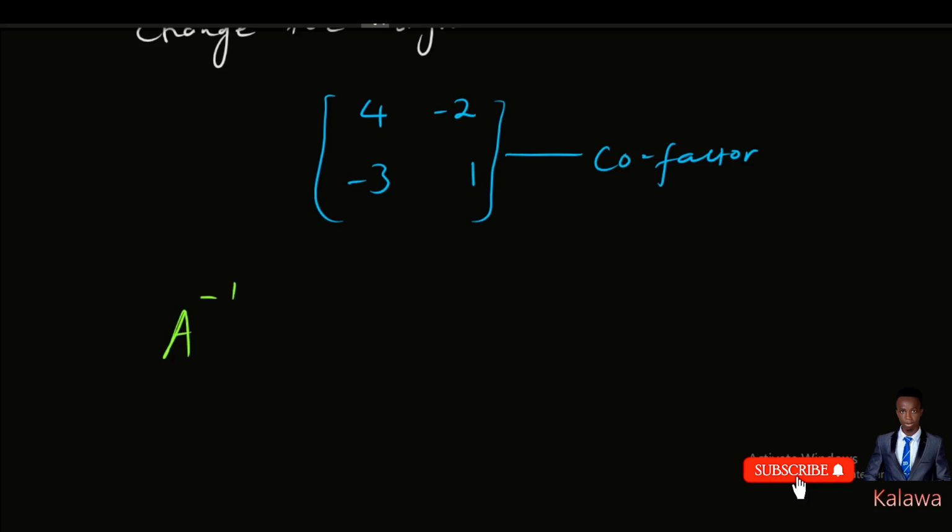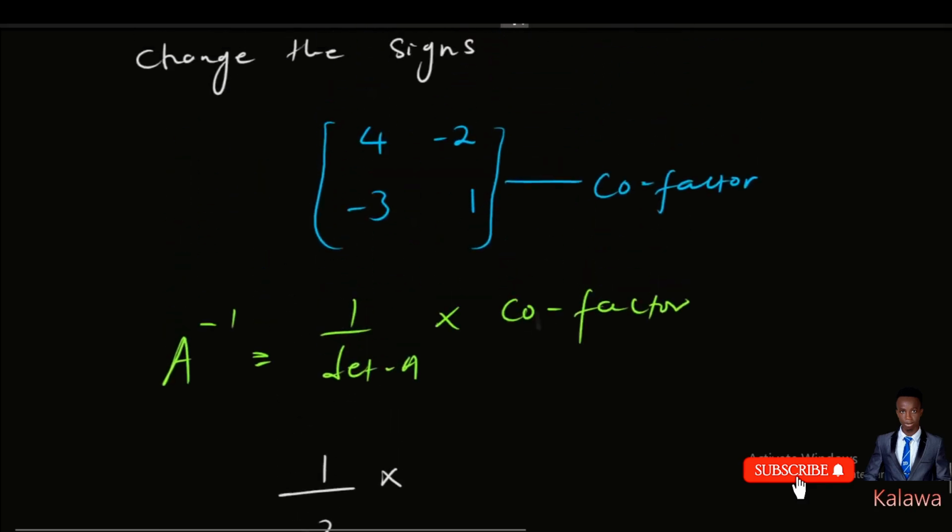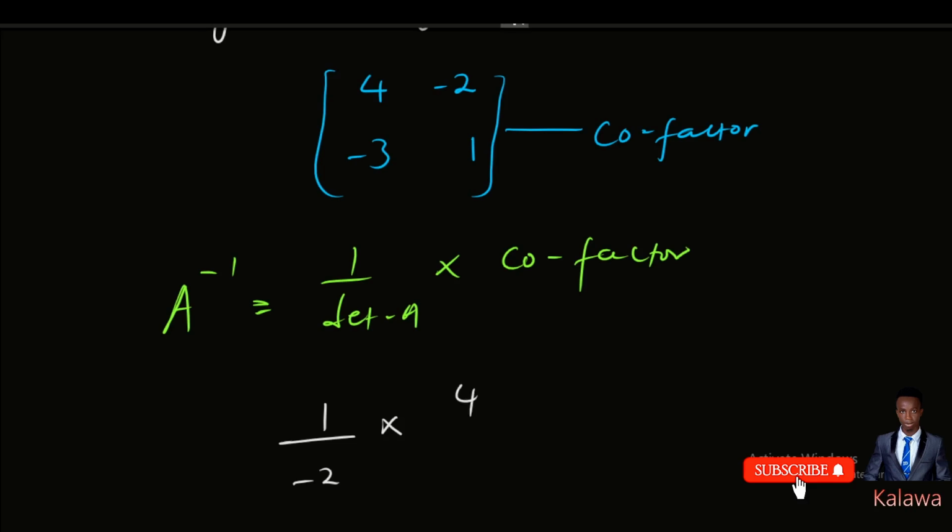So we have now derived each element from the formula. So let's take again the formula and see. The inverse of A equals 1 divided by the determinant of A multiplied by the cofactor. So 1 divided by the determinant is 1 divided by minus 2, multiplied by the cofactor, which is 4, minus 3, minus 2, and 1.